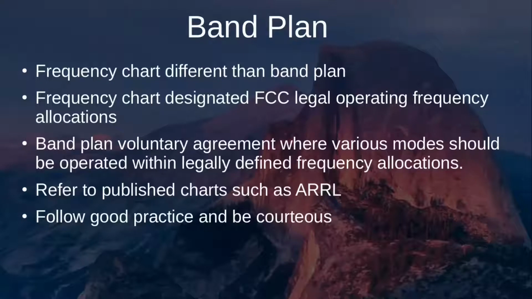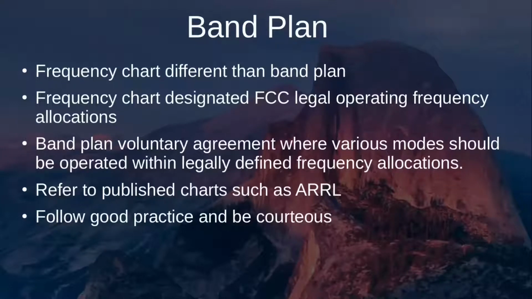And this essentially means where you can operate CW or Morse code. Are you going to operate on the upper ends of the 20-meter band or the lower ends of the 20-meter band? How about digital modes? What frequencies are normally used for digital modes? Or what frequencies can be used for slow scan television?